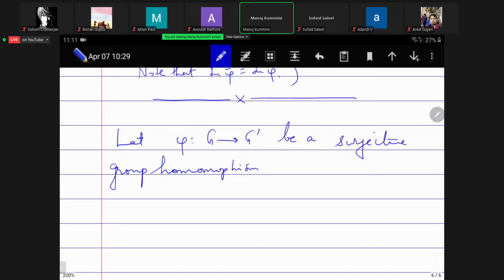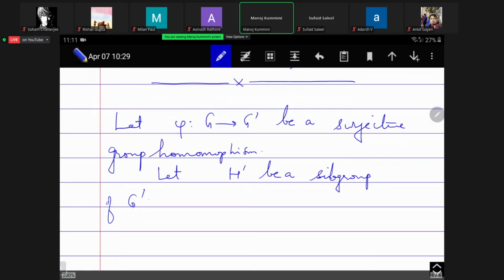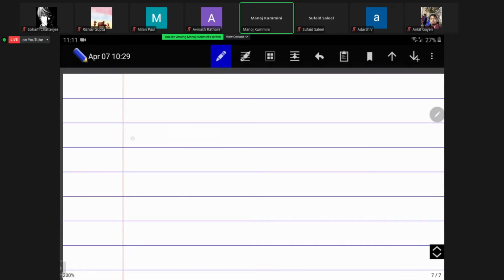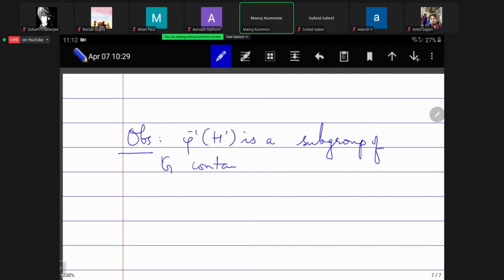Let H prime be a subgroup of G prime. Observation: phi inverse of H prime is a subgroup of G containing the kernel of phi.